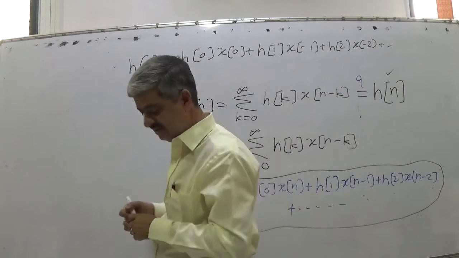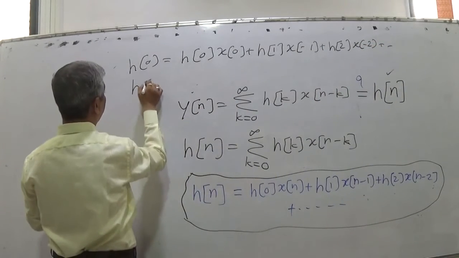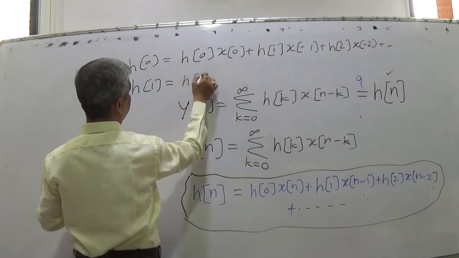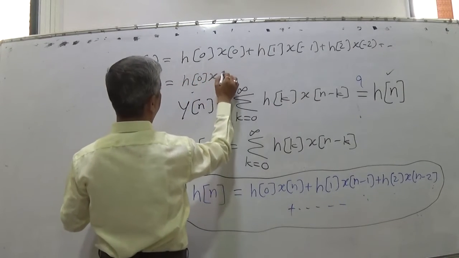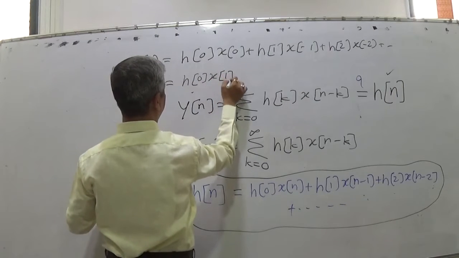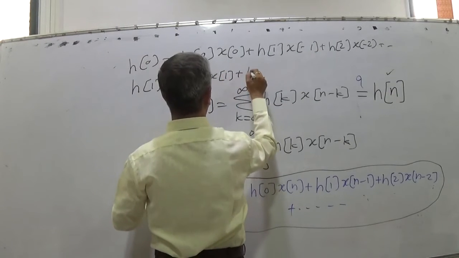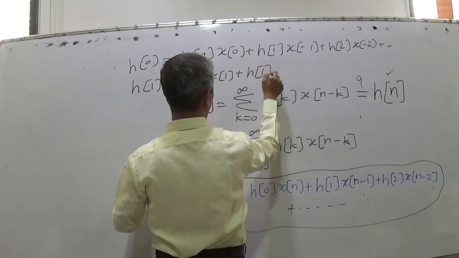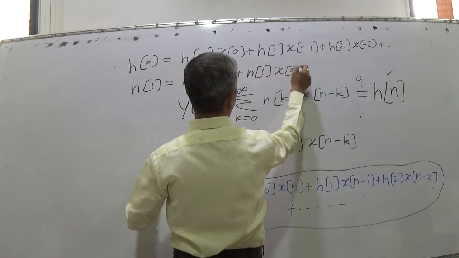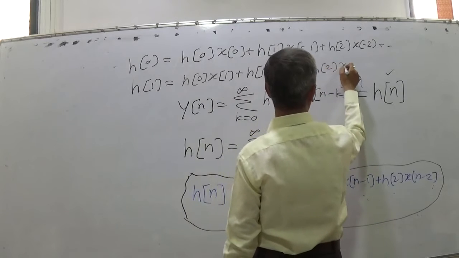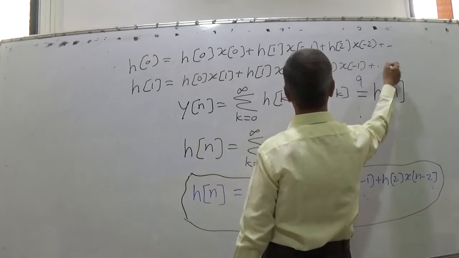If I put n as 1, then H1 should be H0 x1 plus H1 x0 plus H2 x of minus 1 and so on.